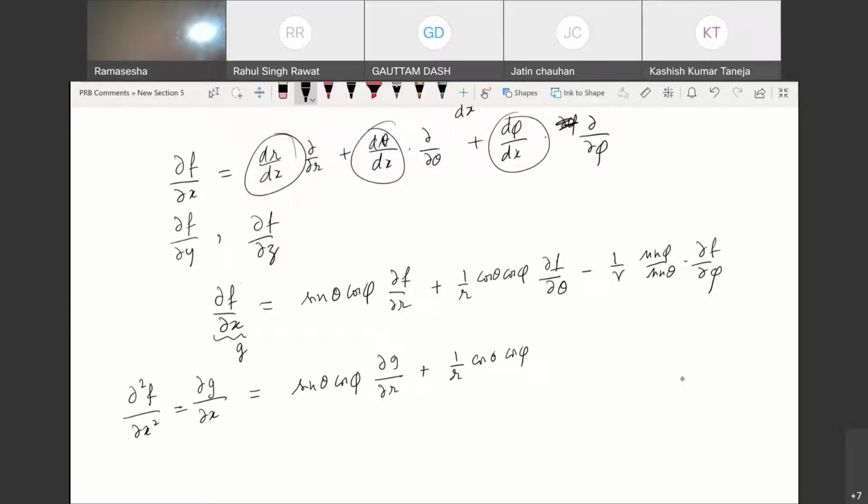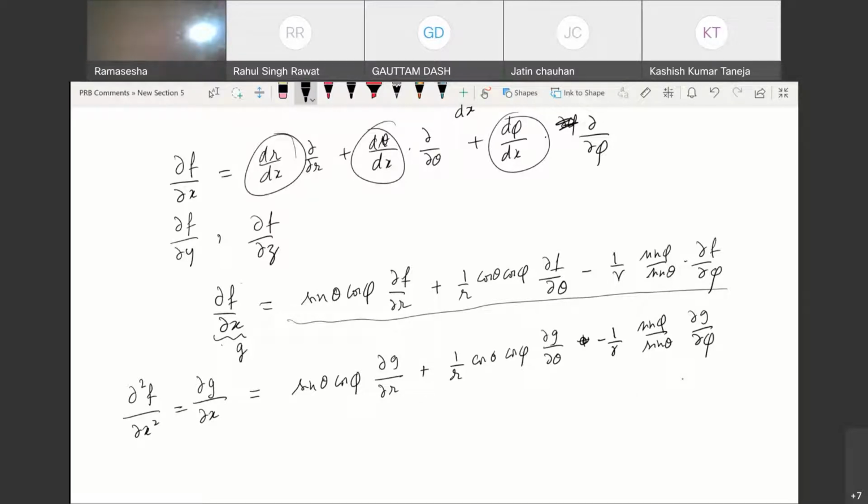Now what you have to do is substitute for g. So g is del f by del x, so you have to substitute this in here. Then you will get the whole differential.